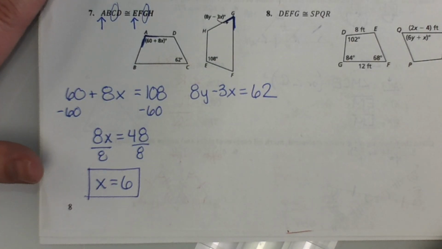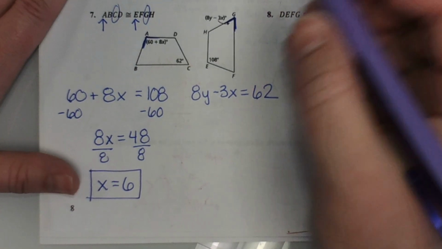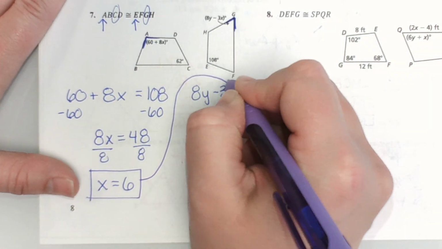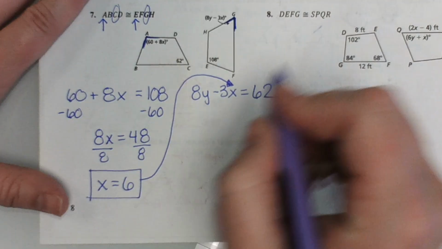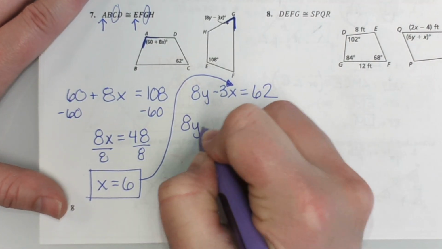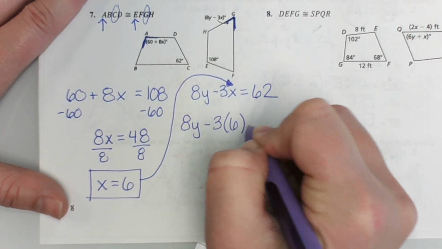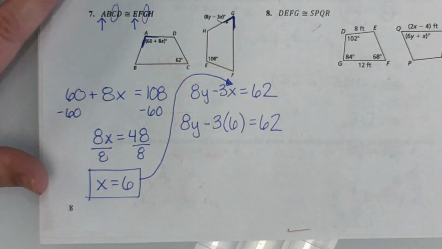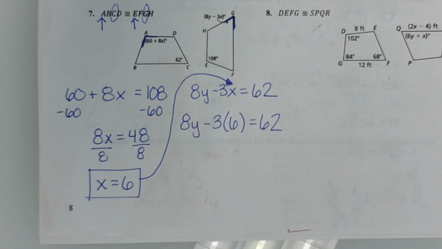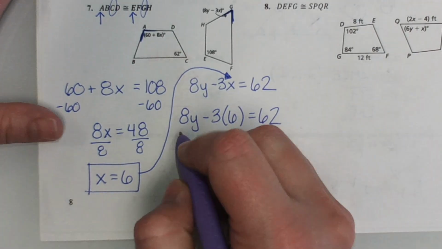What did you say, Faith? Plug the 6 into the x. Can I plug that in there now? Yes. 8y minus 3 times 6 is equal to 62. Sometimes you might have to solve one equation first. You can always write the other equation and then get back to solving it once you can.